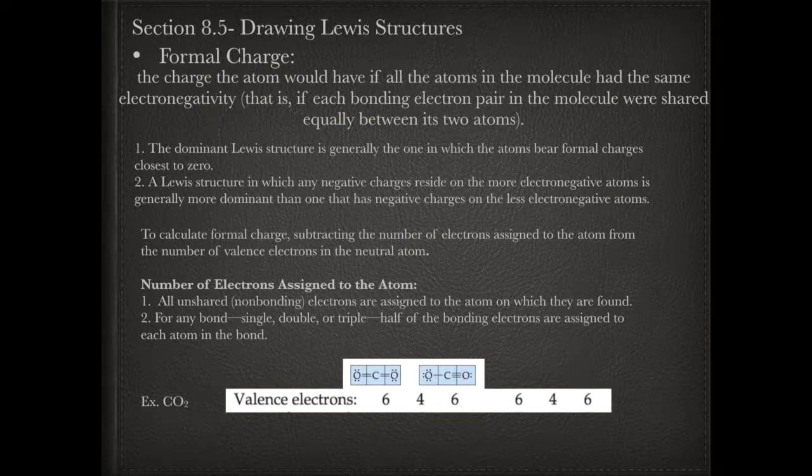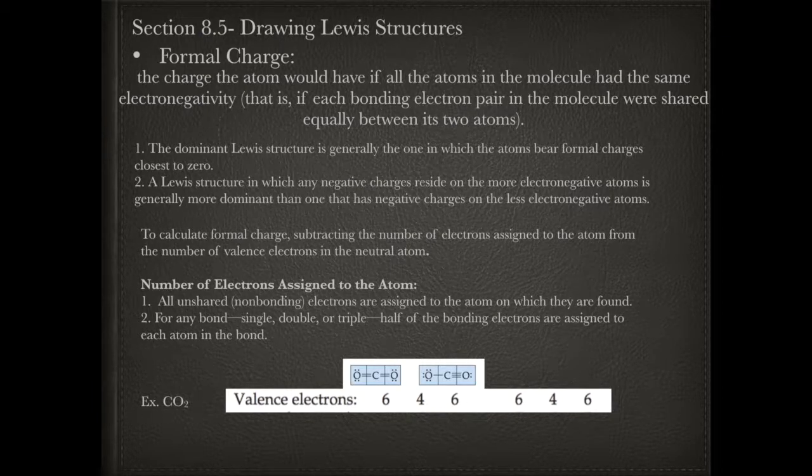So for that oxygen there, the double bond represents 2 electrons, therefore it has 6 electrons on it. That carbon has 2 double bonds, so that's a total of 4 electrons, and then the oxygen on the other side has 6 again.